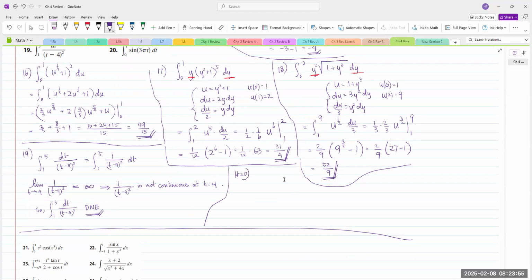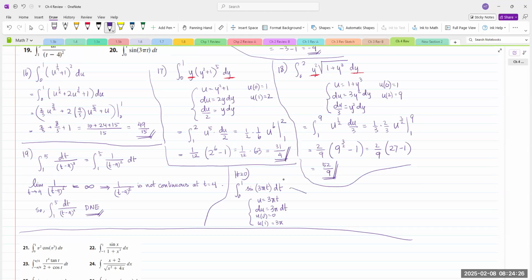Number 20, sorry, I kind of squeezed that in. Integral from 0 to 1 of sine 3 pi t dt. I think this is an easy substitution. 3 pi t as my u. du equals 3 pi dt. At 0, that's 0. At 1, that's 3 pi.